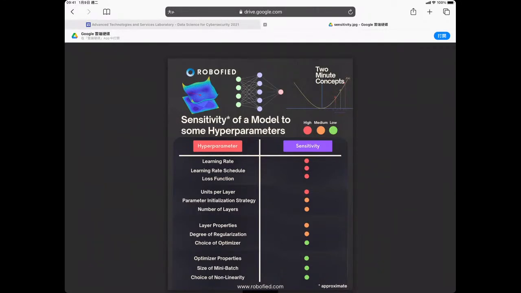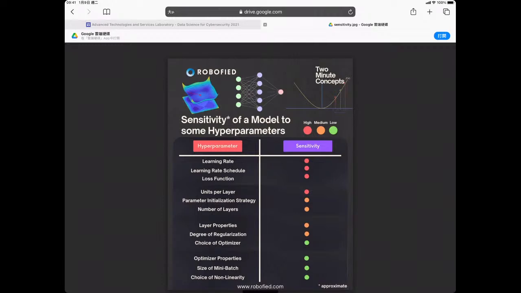So basically you get your result a little bit slower if you choose the wrong parameter initialization strategy, but usually you still can get the right answer. So that is the second part.